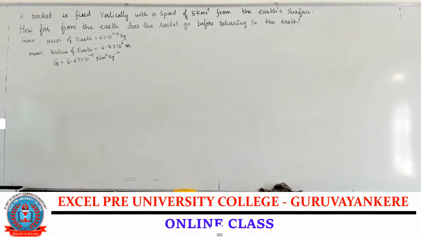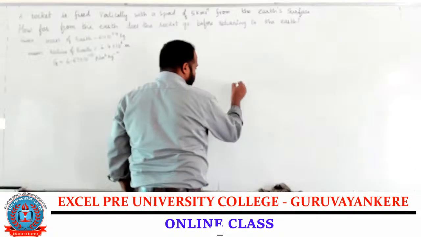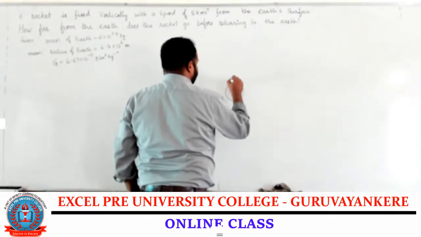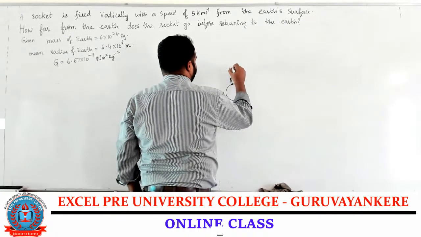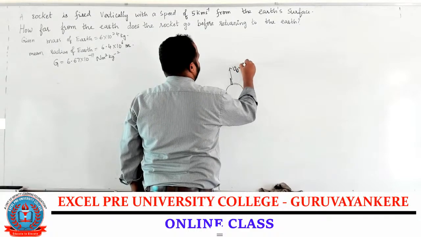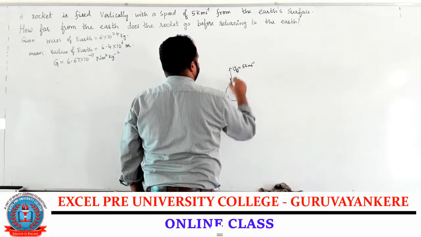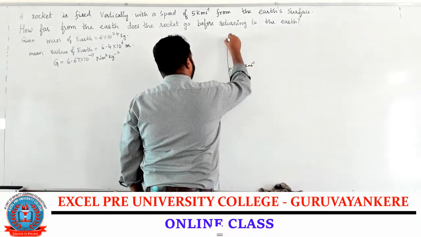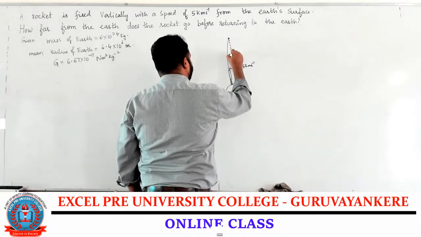So we have to calculate by this. See, if a rocket is projected with the initial speed V naught, 5 kilometers per second, it will go up, reach a maximum height, then it will come back.